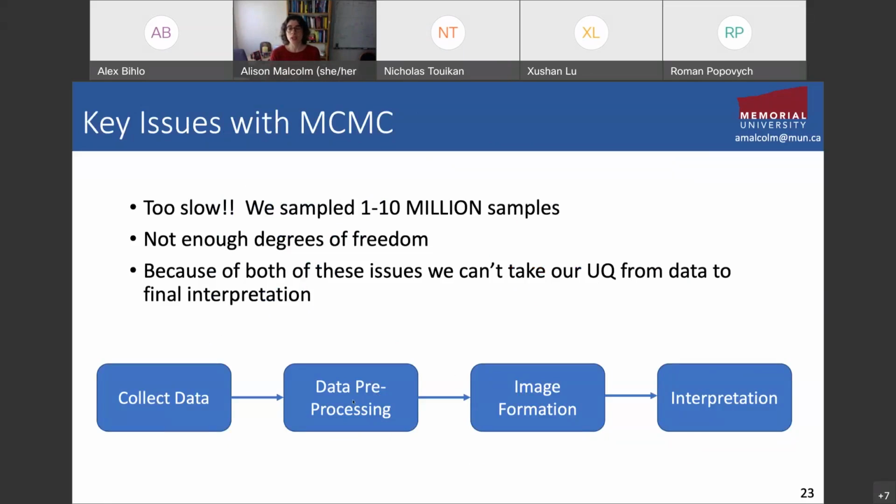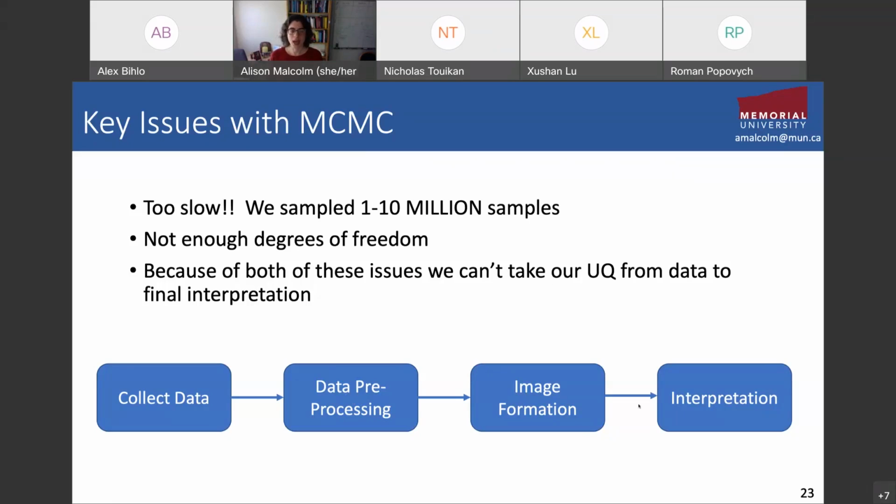So this is really a barrier, because if we want to do this for all of these arrows and really follow the uncertainty quantification from the beginning to the end, we can't be doing millions and millions of calculations for each step. The calculations are too big and our model space is just too big.